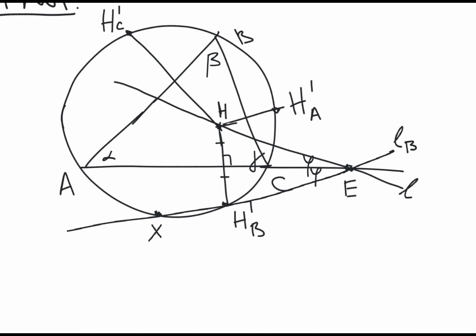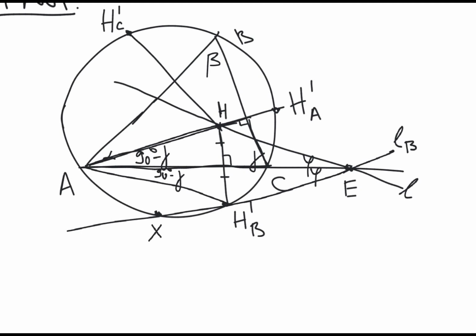Then, because it's an altitude, this angle is 90 degrees minus gamma from this right triangle. One of them is gamma, the other is 90 minus gamma, and then this angle is also 90 minus gamma because of the symmetry. So now we have the arc.